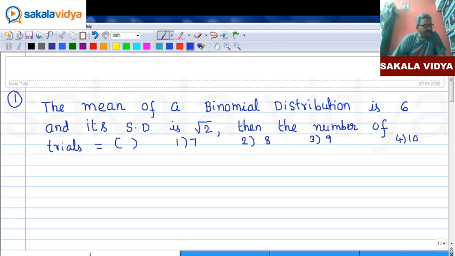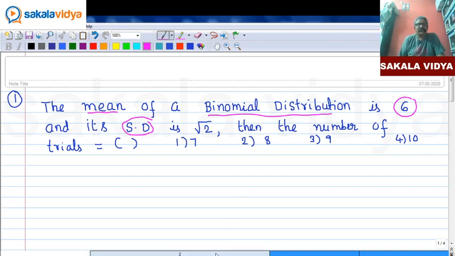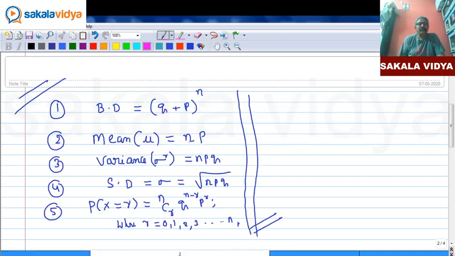See, the mean of the binomial distribution is given, that is 6. Standard deviation is also given and we need to find out the number of trials. See, what is mean? Mean is equal to np.